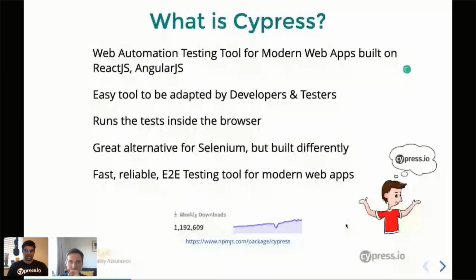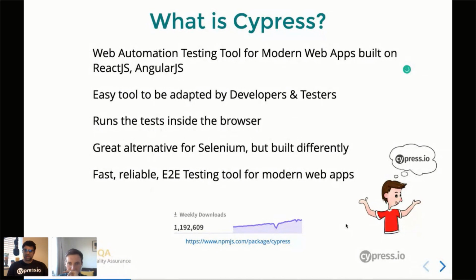The reason is they wanted to get rid of the heavier technologies like Java, PHP, or .NET. Cypress is a tool developed for developers and testers, but the main focus is from the front-end developers' perspective.